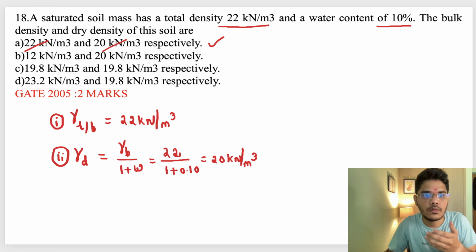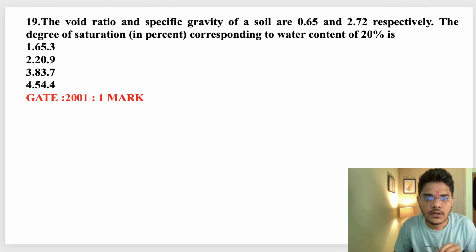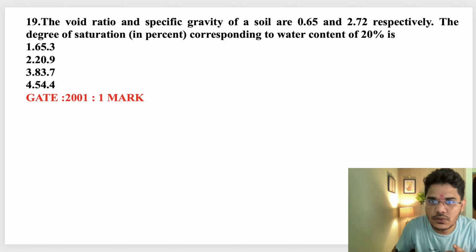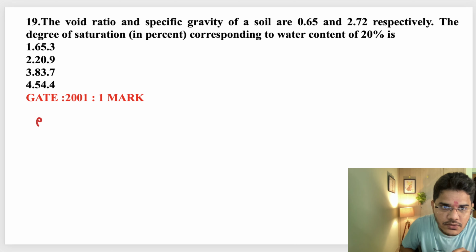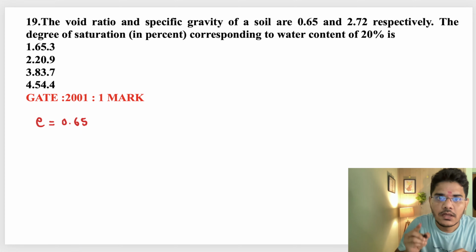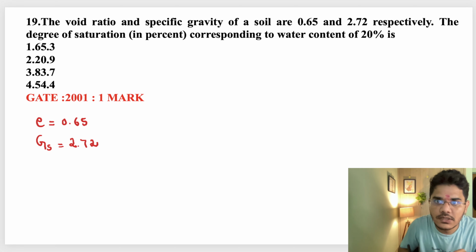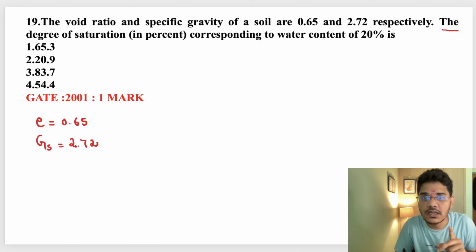Now we will solve one more previous year GATE question. In this one also, let us read the question carefully. The void ratio and the specific gravity of a soil are 0.65 and 2.72. So what is given? Void ratio e is equal to 0.65 and specific gravity Gs is equal to 2.72, and we need the degree of saturation in percent corresponding to a water content of 20%.